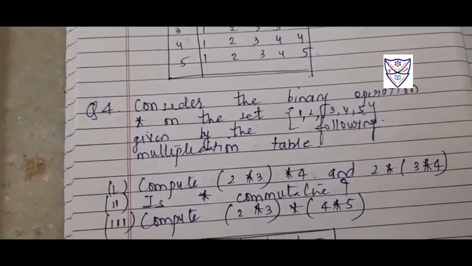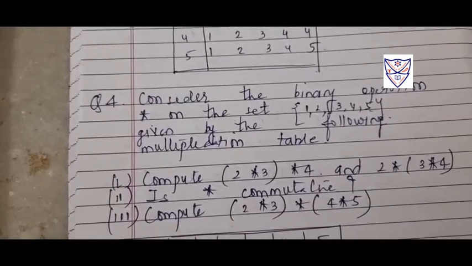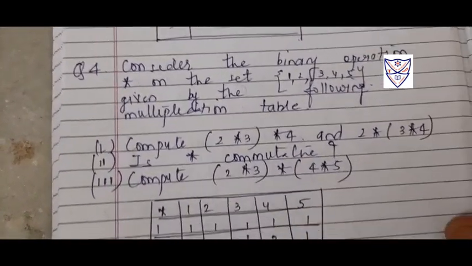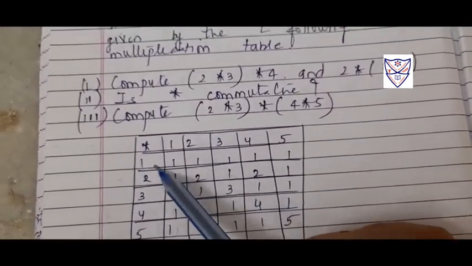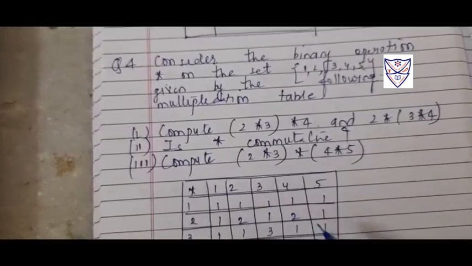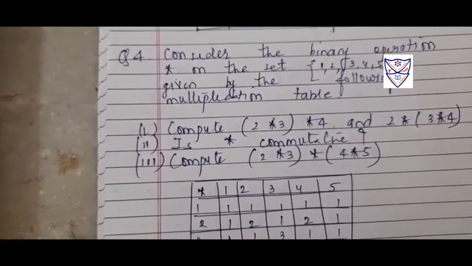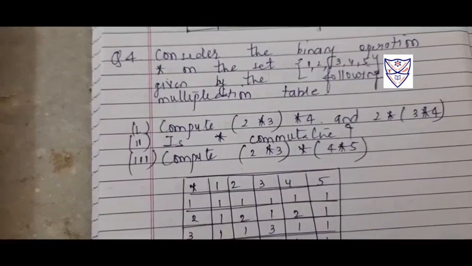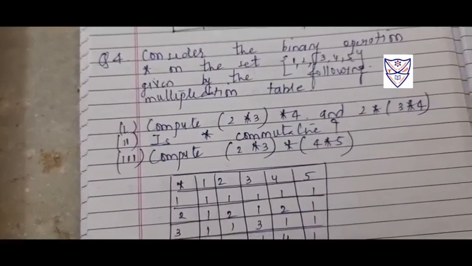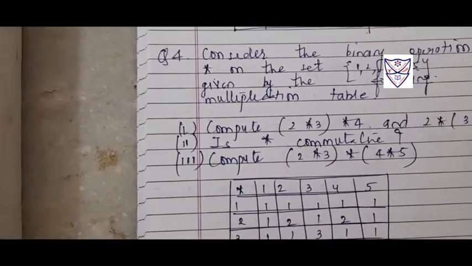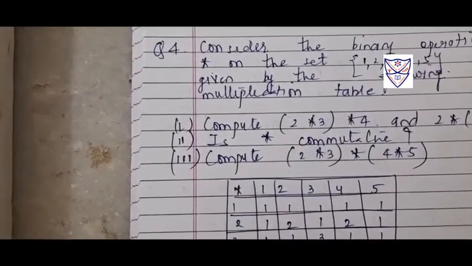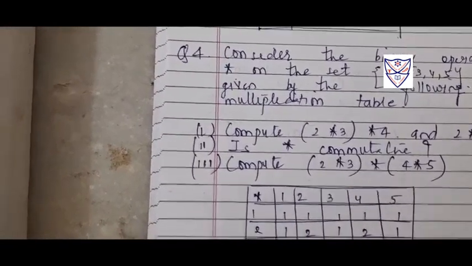So first we'll frame the table of the multiplication, with 1, 2, 3, 4, 5 along both the row and column. Here we observe that this operation table and the operation table in question number 4 are the same. The element at the intersection of the first row and the second column of the table is 1. Similarly, we can find all the elements of the table.